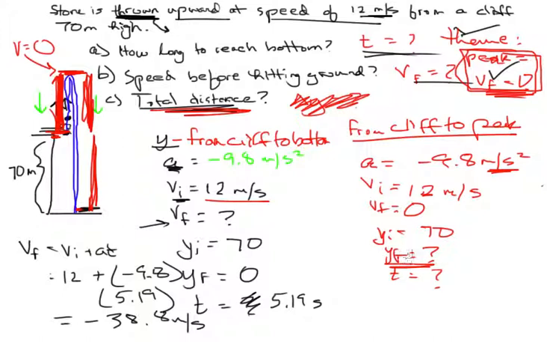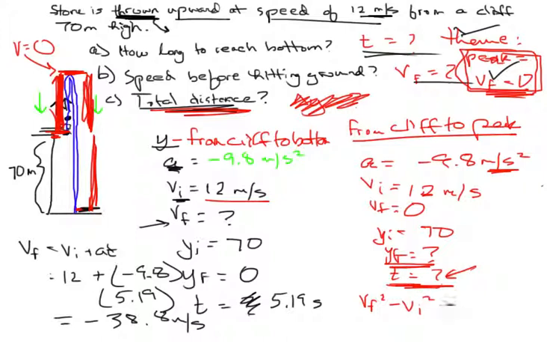So what is y final? How do I get displacement? There's only 2 equations I can use. Delta y equals VIT plus 1/2 AT squared, but that one has t in it, and remember, I don't have time. So if you're not given time, there's only one equation to use. People usually don't like this for some reason.